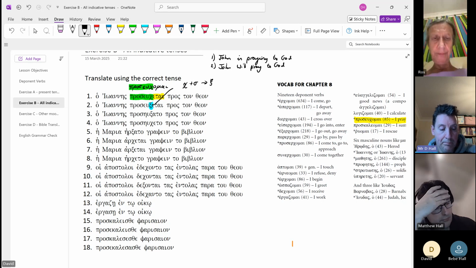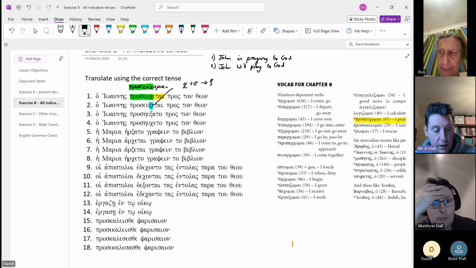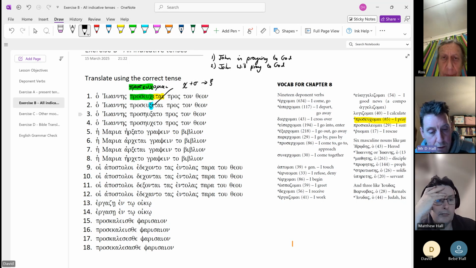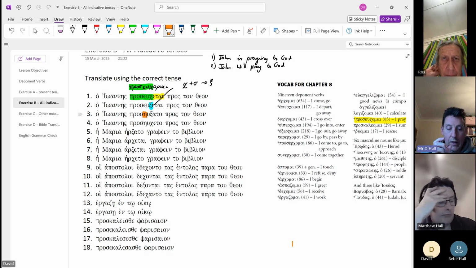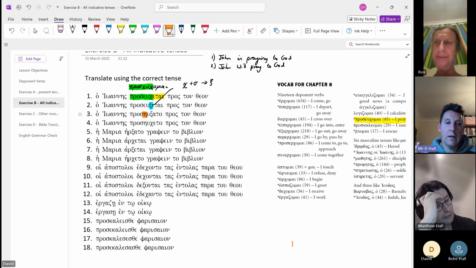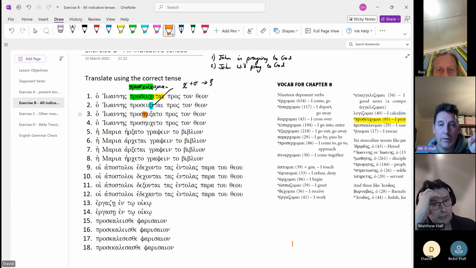Right, so number 3. Look now at what's going on with this one. Just pick up some of the changes that take place to the verbs. One of the things to note with proseuchomai is that it's got this preposition at the start of it, the pros. So when we add an epsilon, we're adding it into the front here. The epsilon contracts with the other epsilon that comes with it, and lengthens it, so it turns into the eta. The epsilon is at the front of the verb stem, but because the verb is a compound verb, you'll remember, I hope, that the epsilon goes in between the preposition and the start of the main stem.